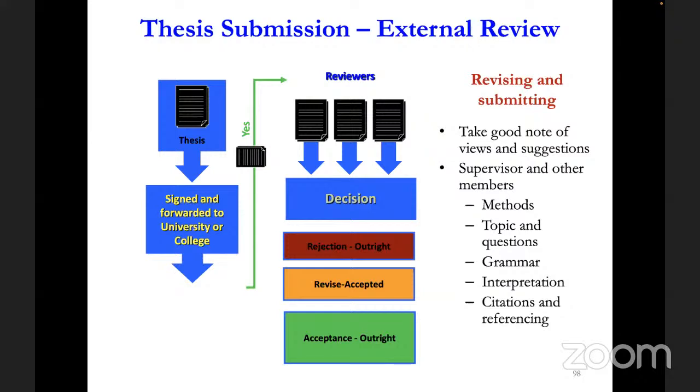Once you receive the dissertation for a revision with some points, you should go through those points, try to analyze or correct those lacunas in your study and resubmit it. Probably it will be accepted. But if you remember all those points which we have discussed in the last 3 sessions, probably there will be no reason for your thesis not to be accepted.